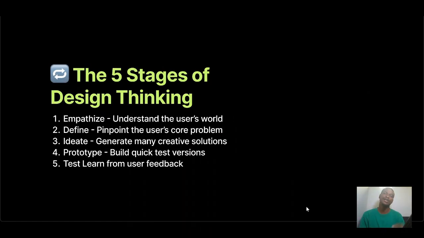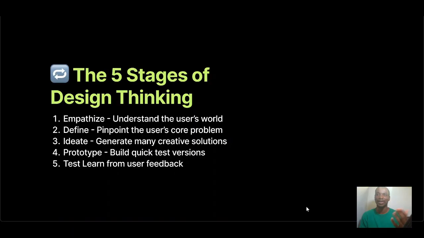Now we have five stages in the design thinking process. Number one is what we call empathize, or empathy. This is simply understanding your user's world. This is putting yourself in the shoes of the users, understanding their pain, understanding how they feel, in order to know the appropriate solution to provide to them.